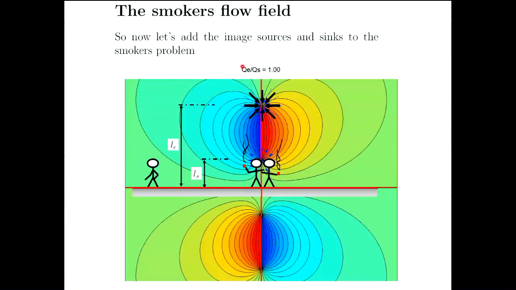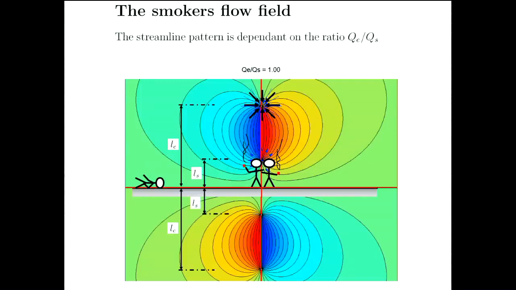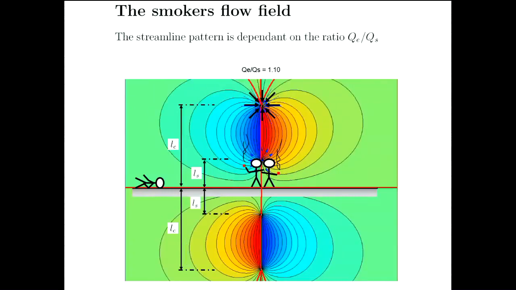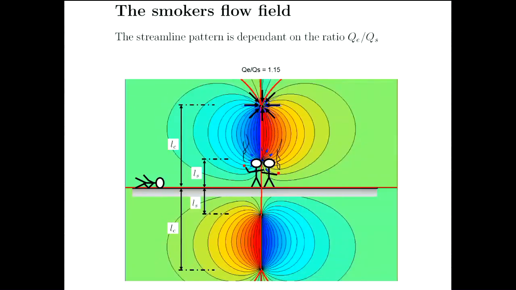So basically, what is the ratio for QE over QS I should have so that our bystander does not get smoked? Okay, and if I increase this ratio here, so basically making the sink stronger while maintaining the source, right? You can see that my streamline patterns are changing.